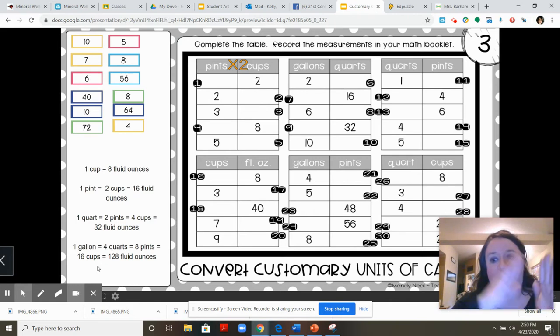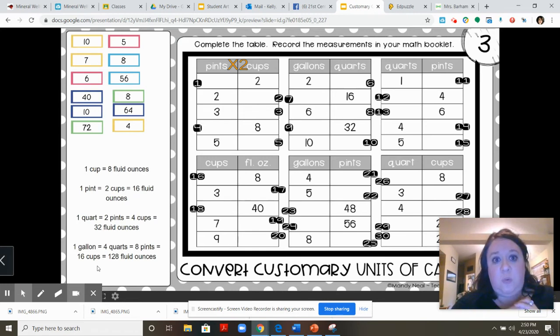So if I'm going from horse, which is big, like a pint, to fly, which is small, like a cup, I'm going from horse to fly. So I'm supposed to be multiplying. I want my answer to get bigger. So our rule on the mathematics chart says that we're going to multiply by 2.